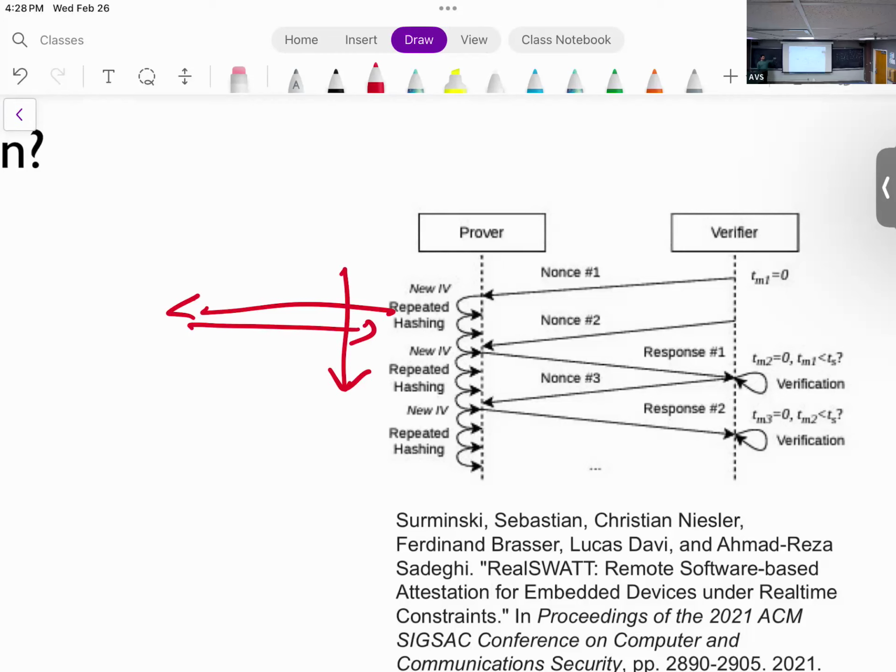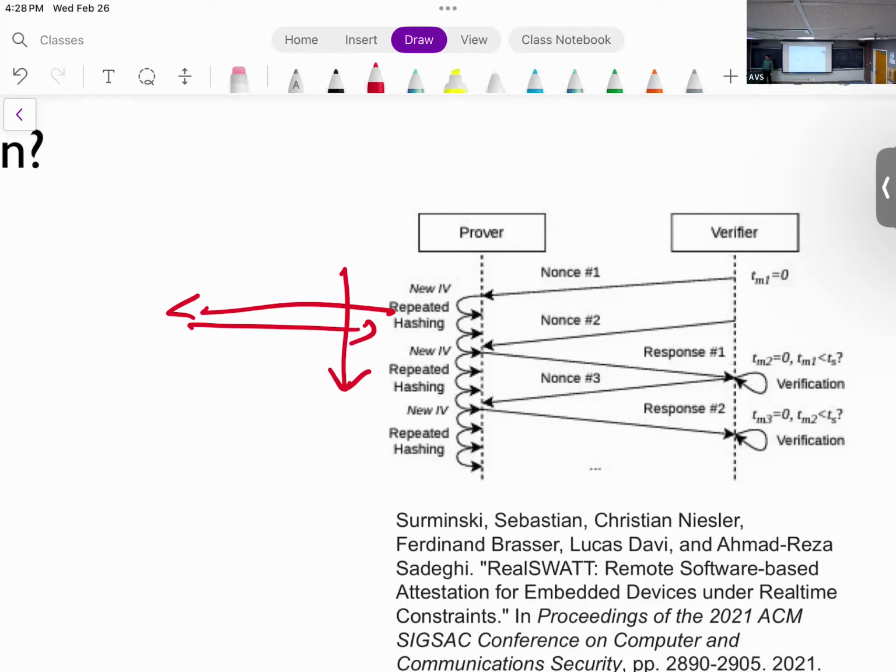Because if they do, then that will be amplified each time we do the attestation. This is very similar to the distance bounding algorithm that we discussed in class. If you remember, we also did that many, many times, and we said that by doing that, we are essentially getting the average behavior.